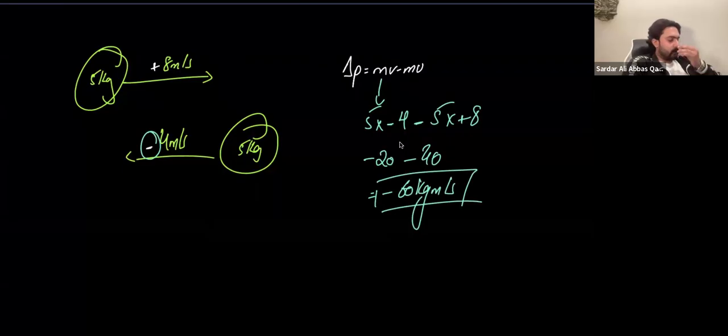This is the answer. The thing that you need to remember is you always have to give these values a sign. That is very important. That is the fundamental thing that you have to do. If you do not do that, you mess up your question and you do not get an answer. Okay? Clear?